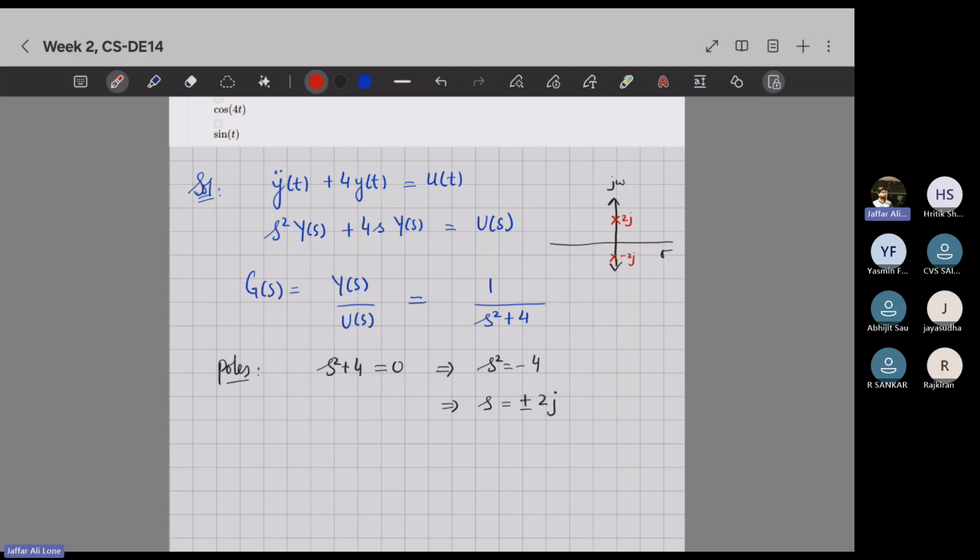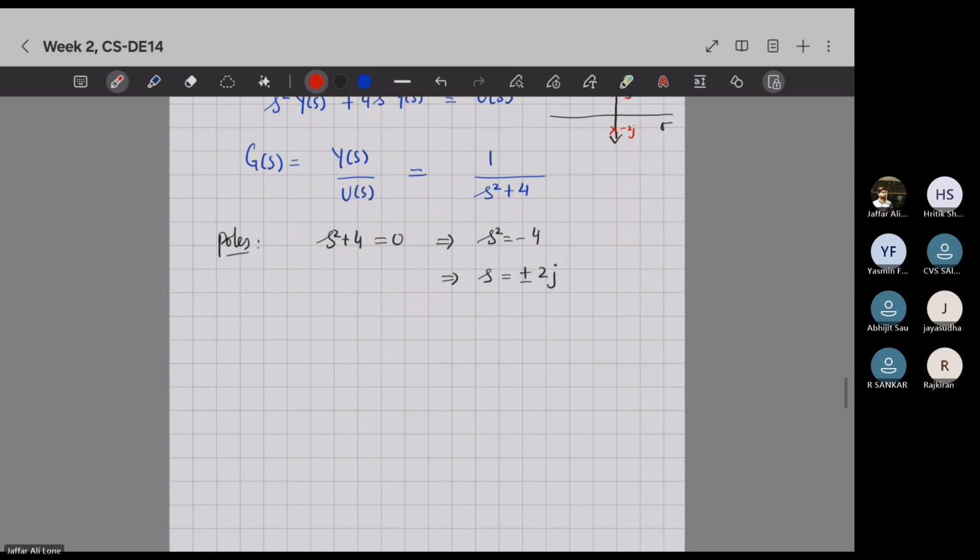But is it BIBO stable as well? What is BIBO stable? You give some input and you get some output. If you give a bounded input and you get an unbounded output, then your system is not BIBO stable.